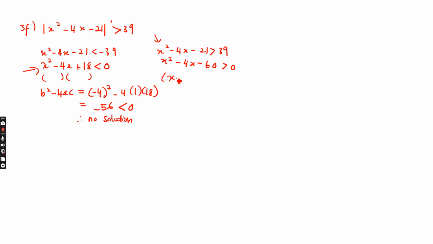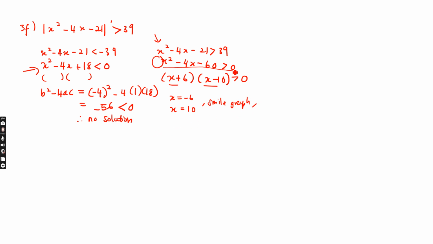You're going to get x plus 6, x minus 10, greater than 0. Now from the equation that you factorized just now, you know that one value of x is equal to negative 6, and one value of x is equal to 10. And then based on the quadratic equation here, the value of a is positive, so you're going to get a smile graph.